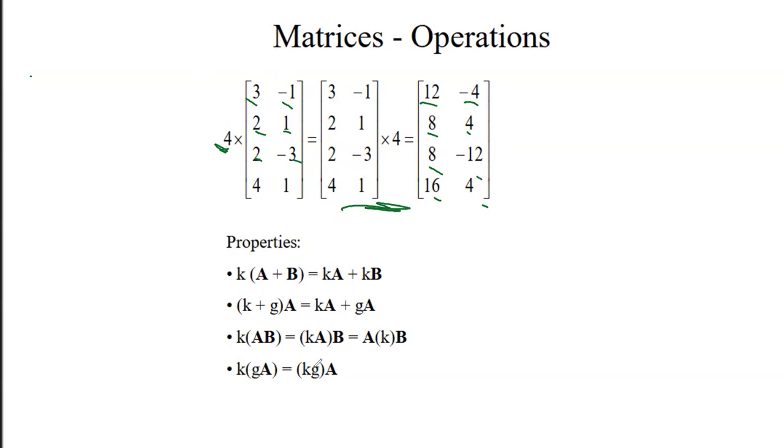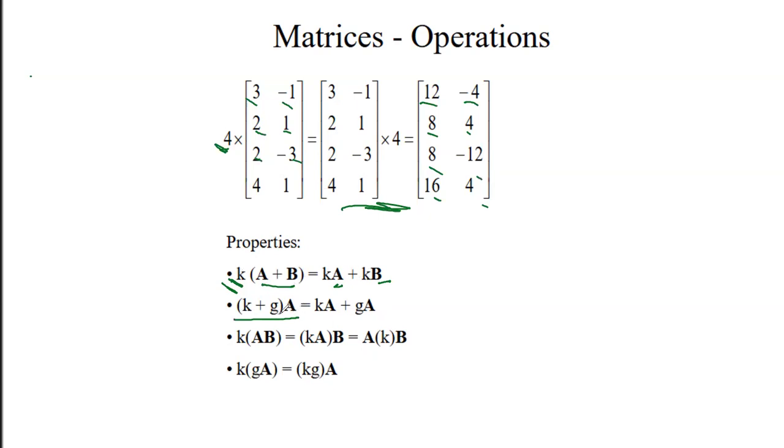And these are some additional properties. A scalar K multiplied by the sum of two matrices is the same as multiplying each matrix by K and then adding. That's what they tell you.